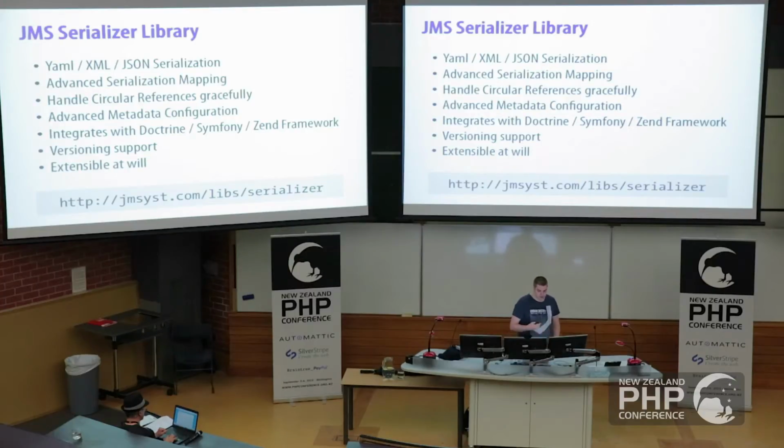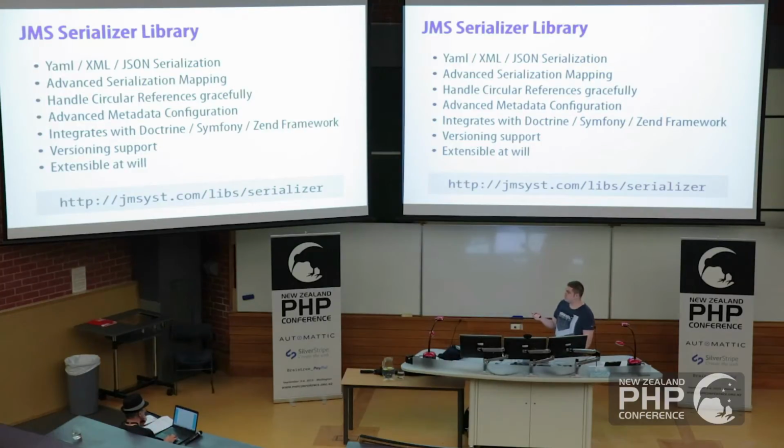This library has many features internally. You can configure the way you serialize objects with YAML, XML, or annotations mapping. It really handles circular references gracefully. You can integrate it very easily with Symfony or Zend Framework or Doctrine. I think there is also some support for Laravel or other PHP frameworks.